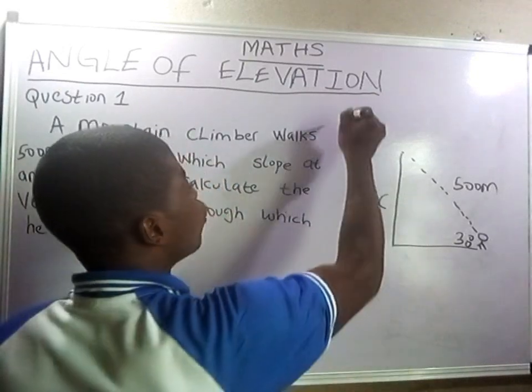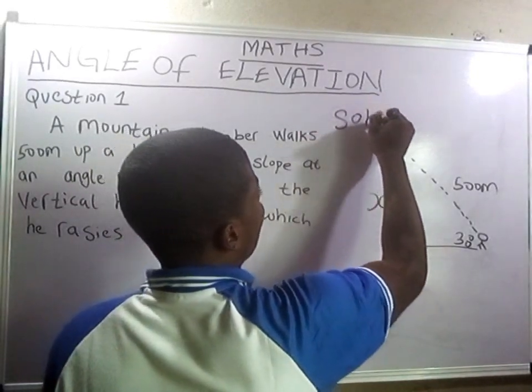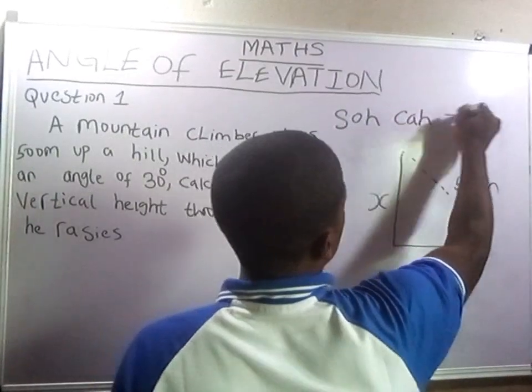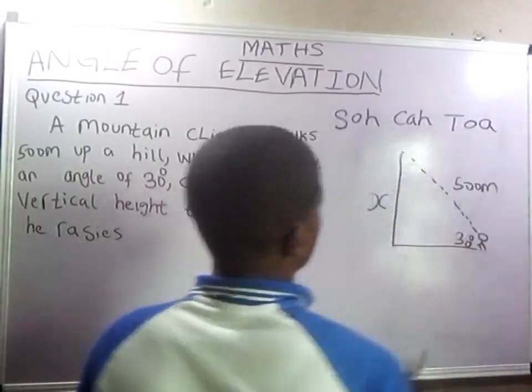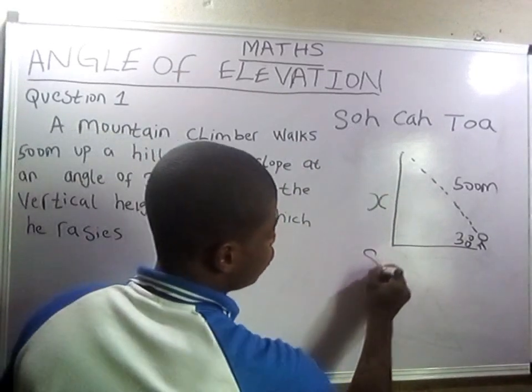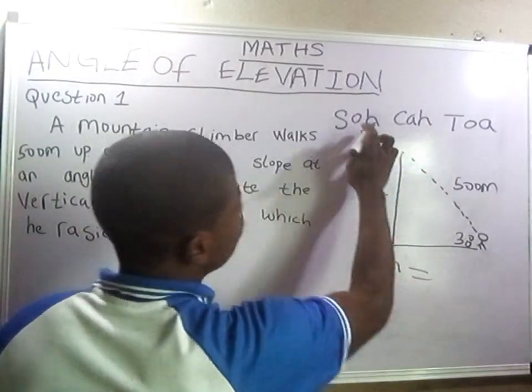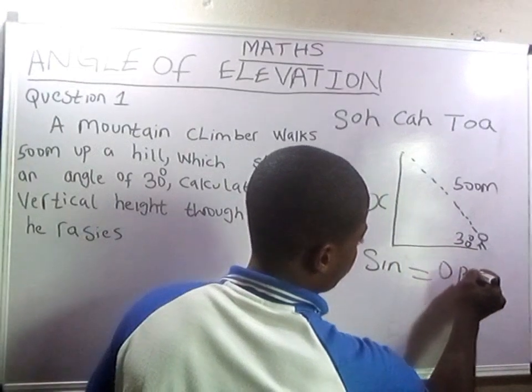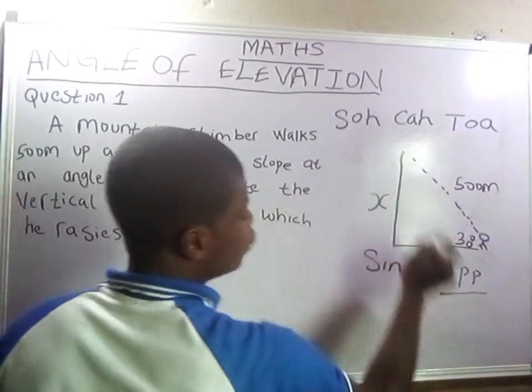Let me give you what SOHCAHTOA is. SOHCAHTOA: sine is opposite over hypotenuse.